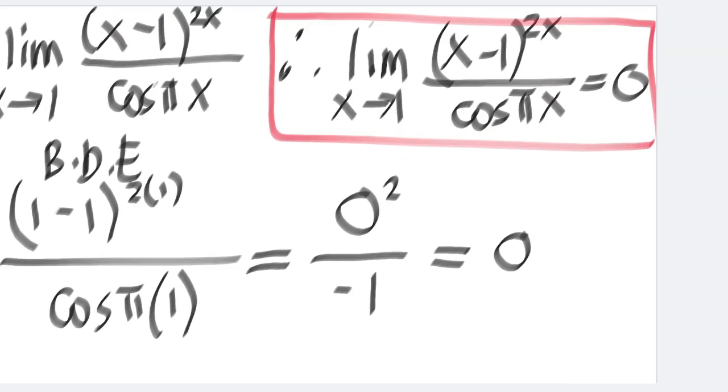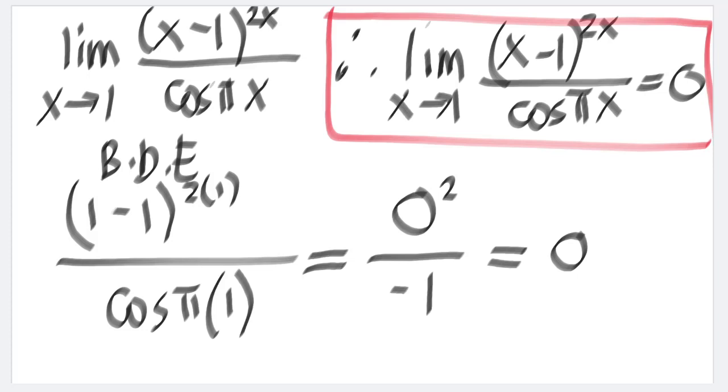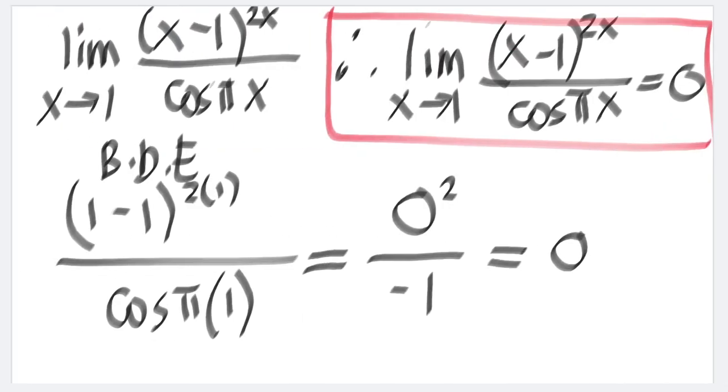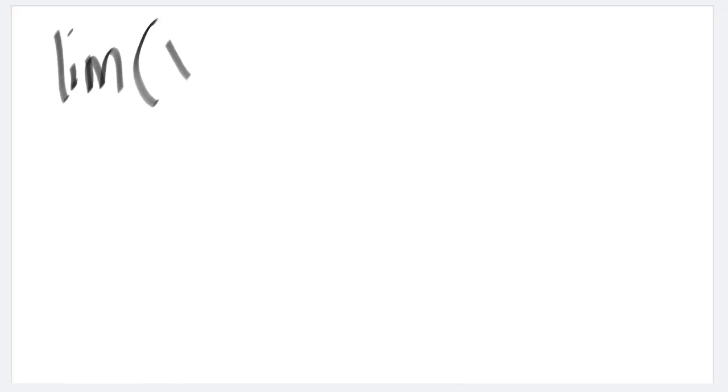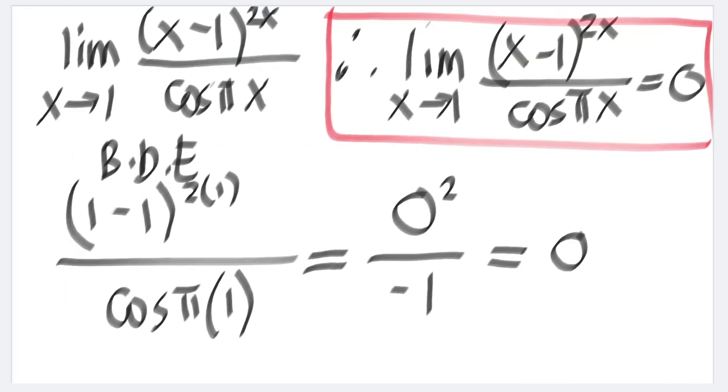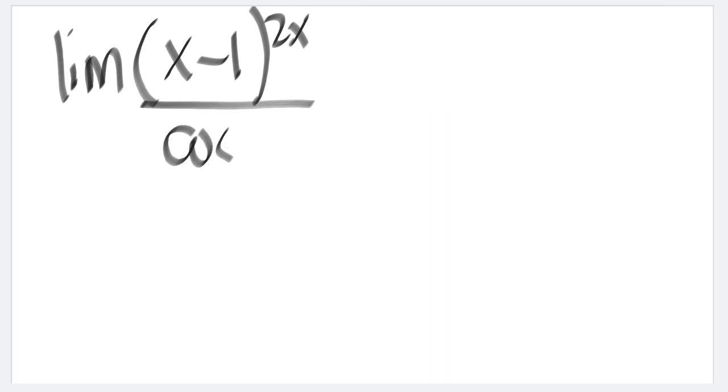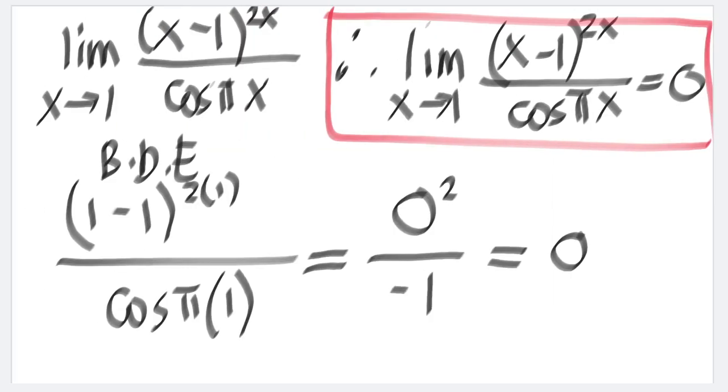Okay, so we will now use the properties of limits if we can still get 0. So the limit of (x minus 1) raised to 2x over cosine pi x as x approaches 1.